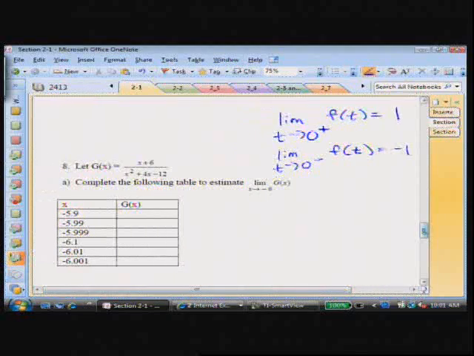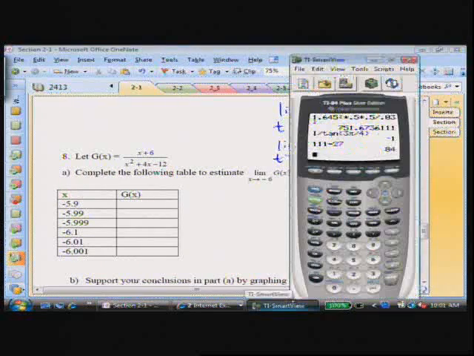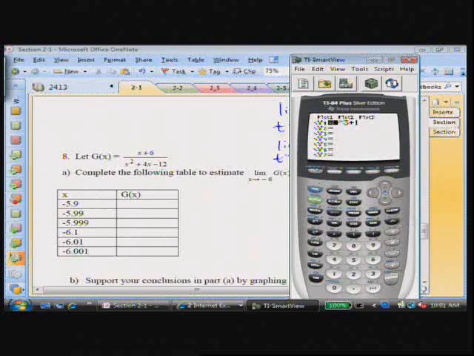We can use our calculator to help us work this one. We go to y equals, and when you're typing in a polynomial like this, you're going to want to put the numerator and the denominator in parentheses.